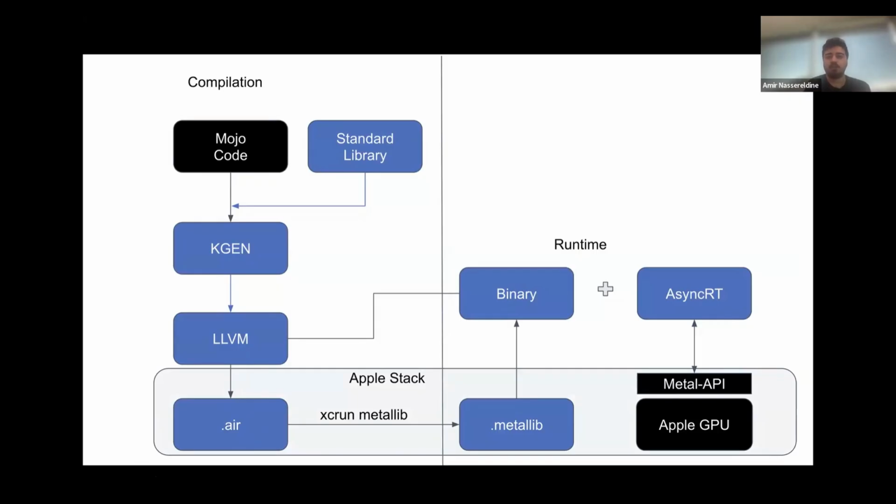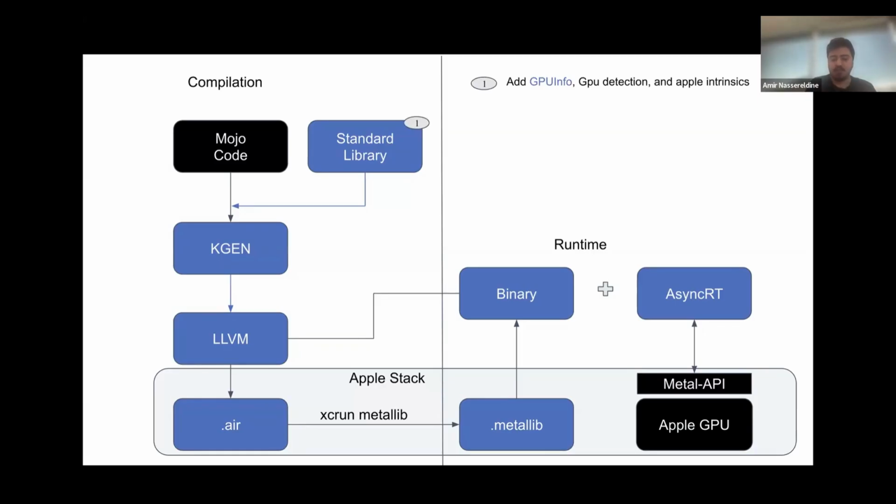Apple has their .air bytecode, and we basically generate that from LLVM, use Apple's tools to create a metal library, and use that metal library with our runtime.